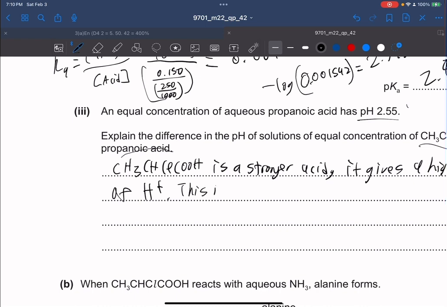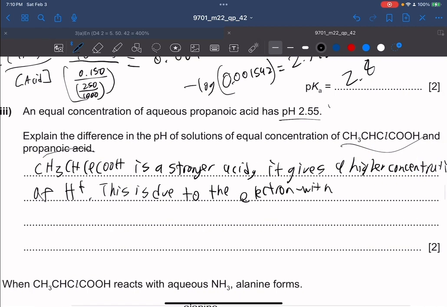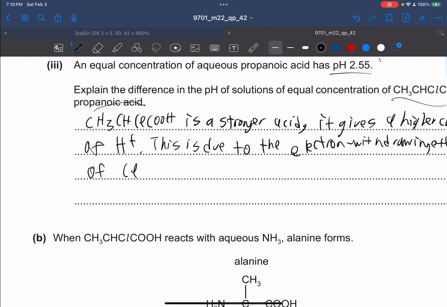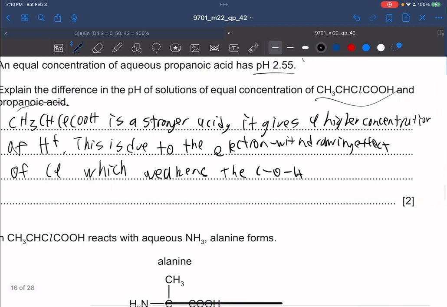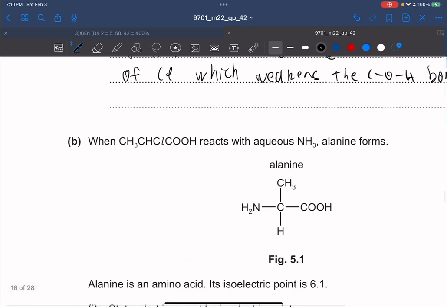This is due to the electron withdrawing effect of Cl, which weakens the O-H bond. So H plus is given more readily.